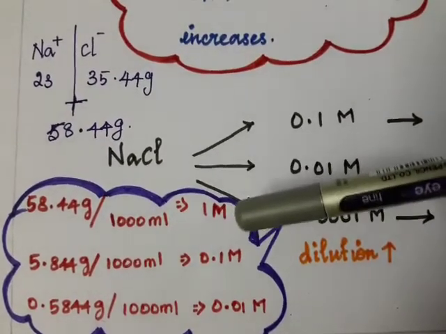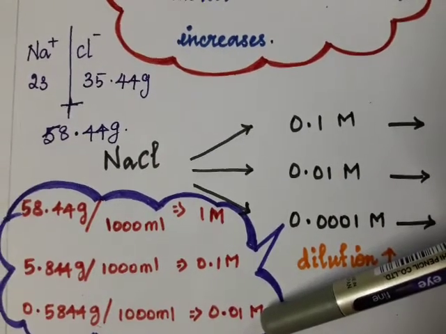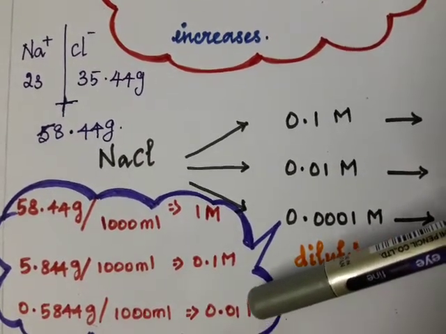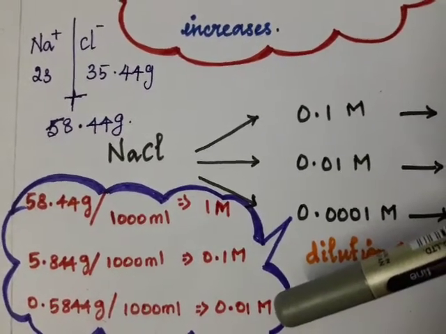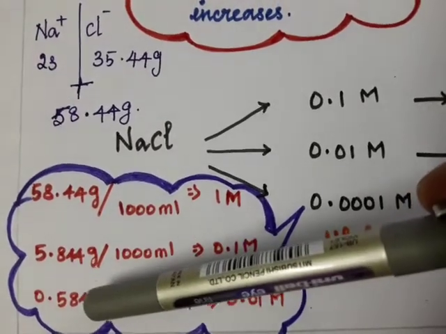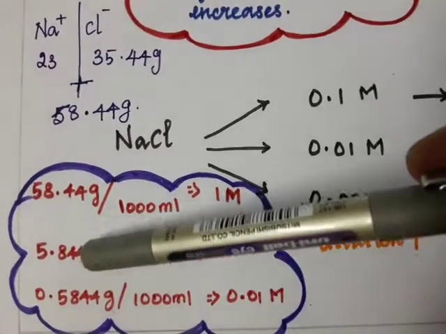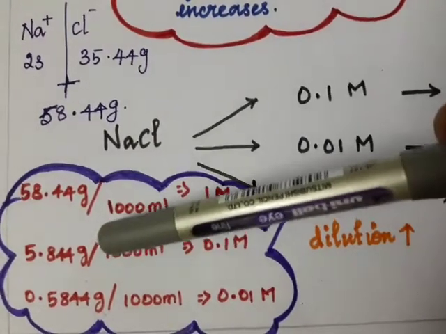So for 1 M, 0.1 M, 0.01 M solutions, dilution increases, which means the amount of solute taken here decreases. If the amount of solute decreases, automatically the amount of water increases.